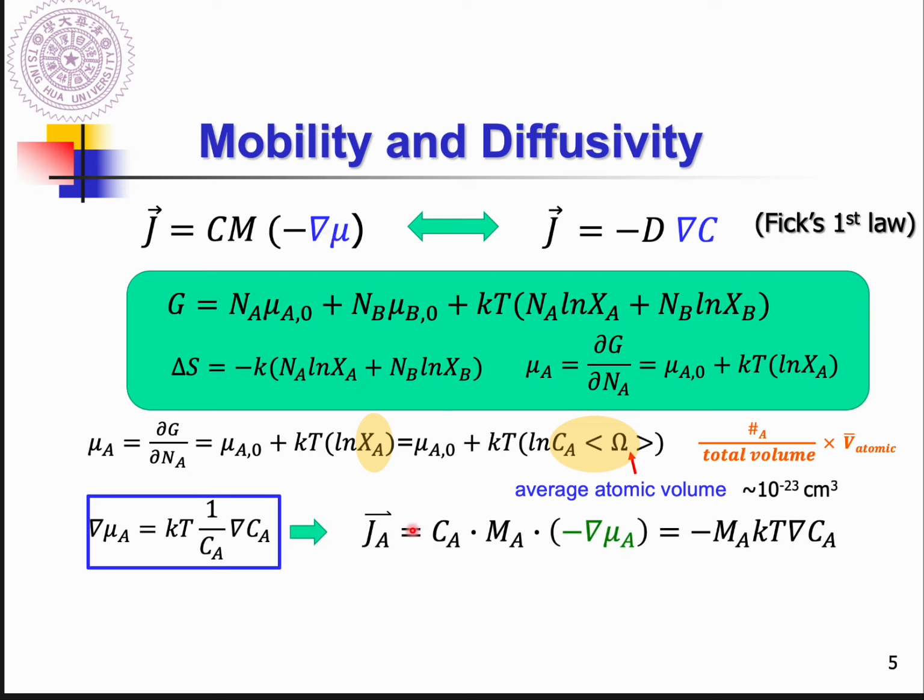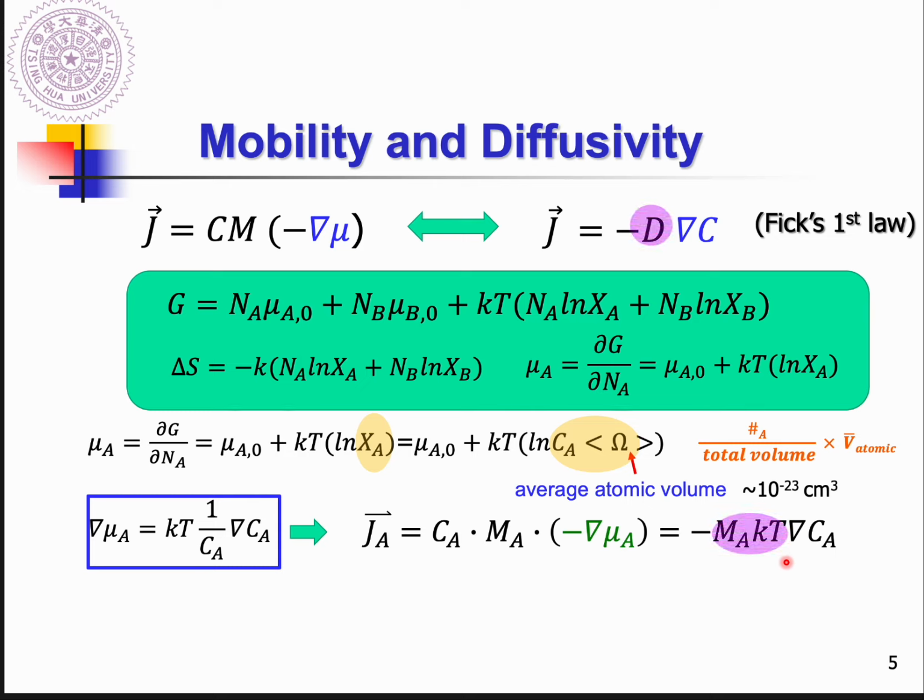So I will get the mobility, concentration, driving force, and substitute this term with this term. And see, we can delete that. The rest of the part will be mobility times Kt and the concentration gradient. And this flux is actually the same as this one.